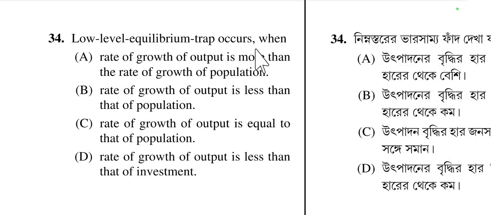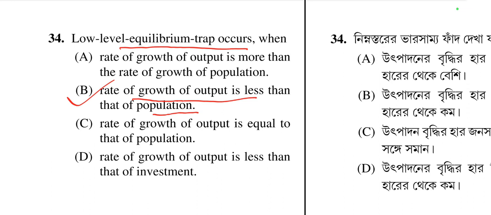Low level equilibrium trap occurs when rate of growth of output is more than the rate of growth of population, or rate of growth of output is less than that of population. Yes, low level equilibrium trap occurs when rate of growth of output is less than that of population, because the low level equilibrium trap, introduced by Leibenstein, describes a situation where an economy remains trapped at a low per capita income level due to high population growth outpacing economic growth.